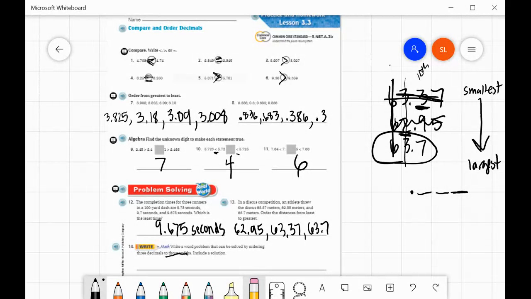So create a word problem that has numbers where you're going to order them either smallest to largest or largest to smallest. You may decide, and you can make them go out to the thousandth, so 3 past the decimal. All right, go ahead and pause and write down your answer.